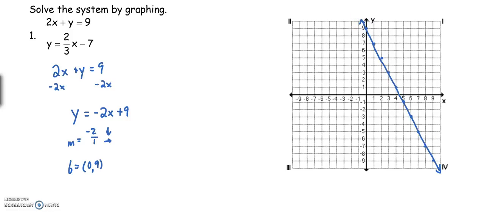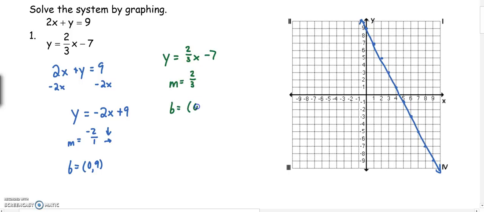And then I'm going to look at my second equation. My second equation is y equals 2/3 x minus 7. So in this case, it's already in y equals form, so I can identify my slope as 2/3. My b value is 0, negative 7.